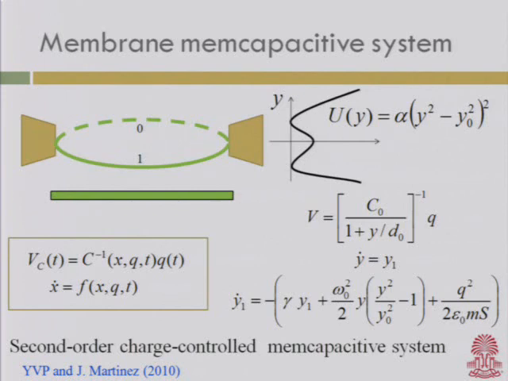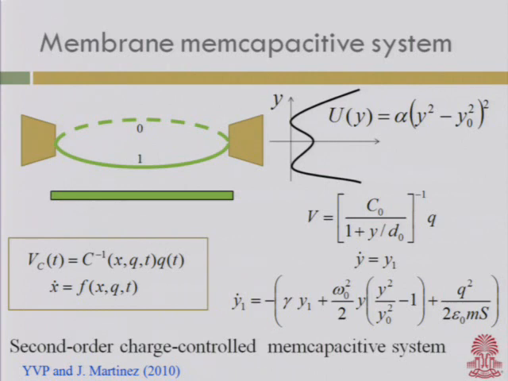If I take a Mem-capacitor where one plate is a fixed plate and the second plate is a strained membrane, then there are two equilibrium positions which can be realized: it can be folded up or down, as I just squeeze the membrane.